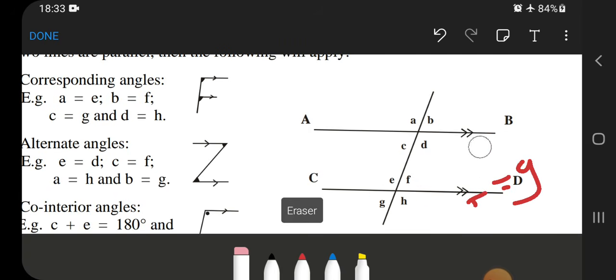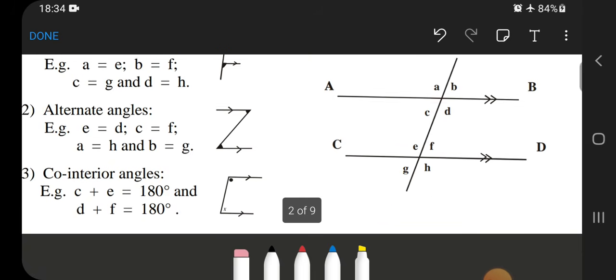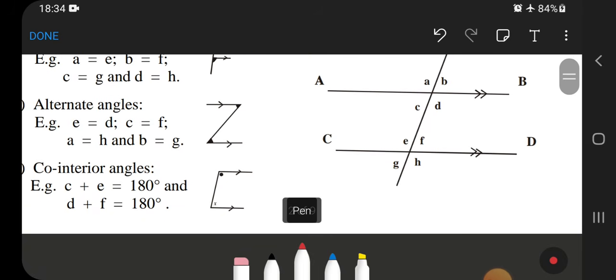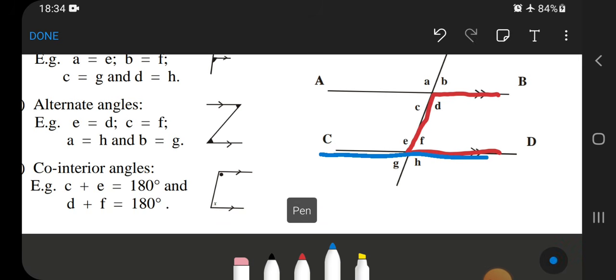So remember that we have intersecting lines, and then we have parallel lines. They never meet. So AB and CD are parallel lines. Another thing we have to know is co-interior angles. Angles between parallel lines are co-interior. So D and F are co-interior, meaning they have to add up to 180.